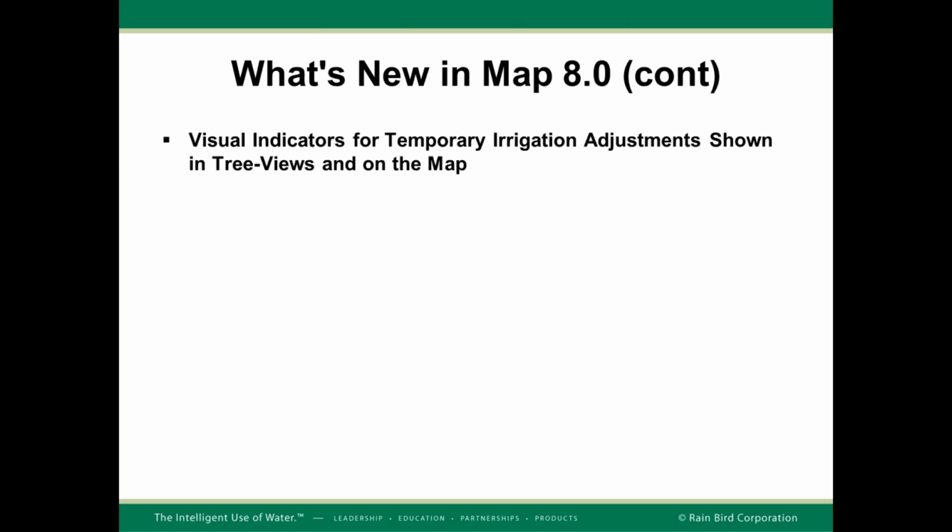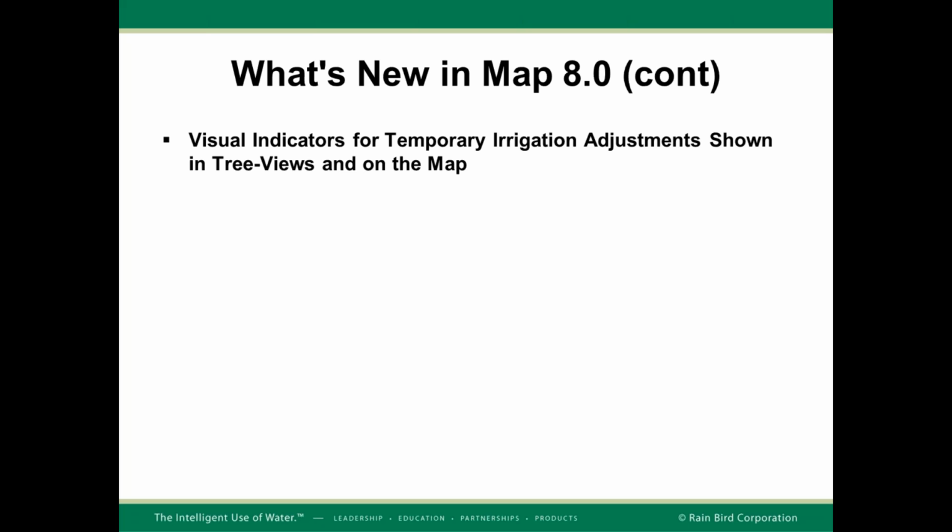In addition, the visual indicators have been added for temporary irrigation adjustments. And you can see those in the tree view and on the map in the case of a station. The visual indicator is a color change.